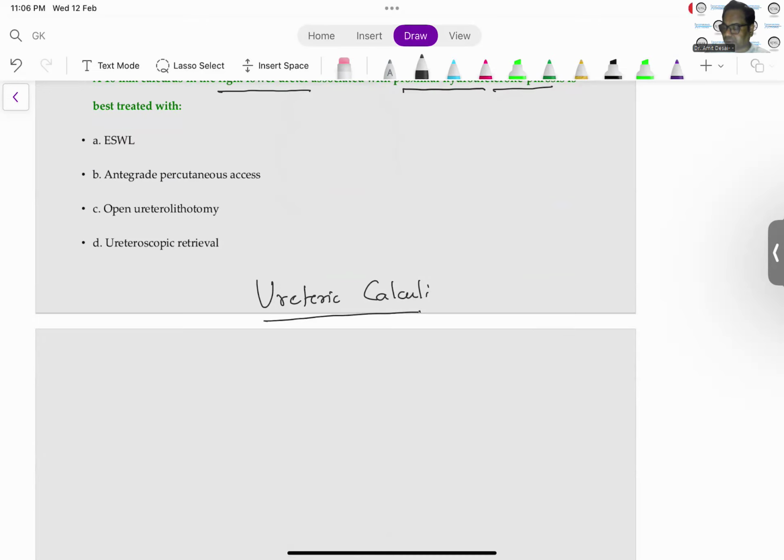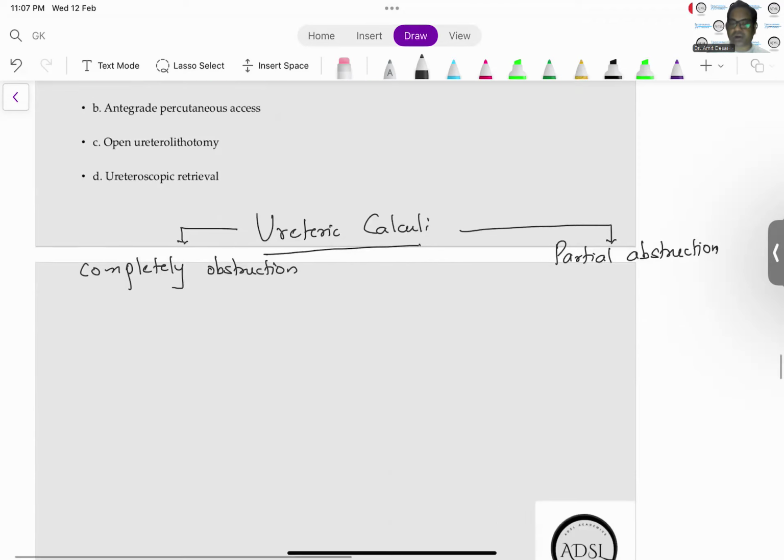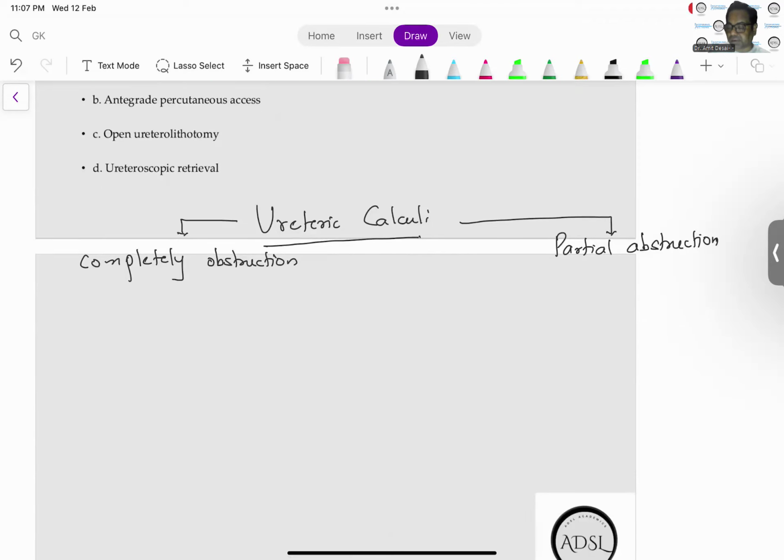When we are talking about ureteric calculi, we want to know whether it is completely obstructing the ureteric system or partially obstructing it. If there is complete obstruction, obstruction usually gives rise to infection.